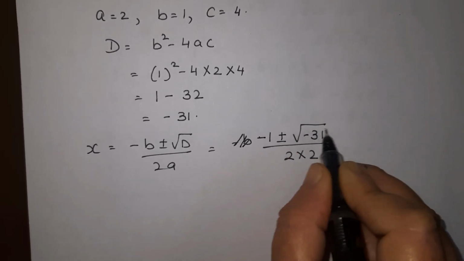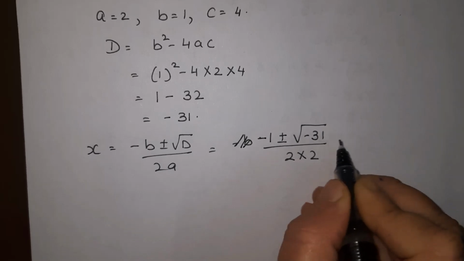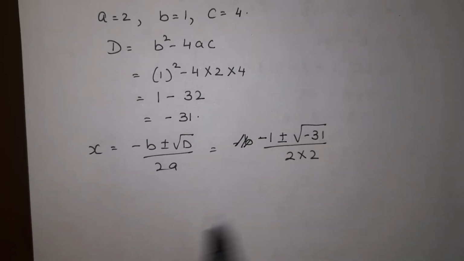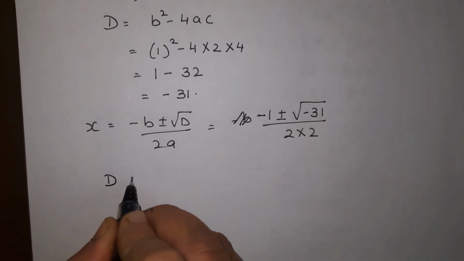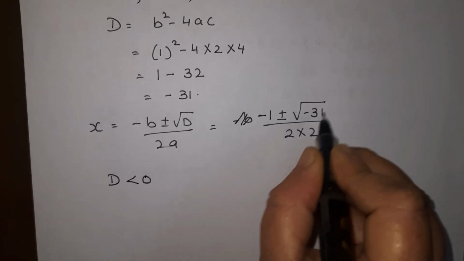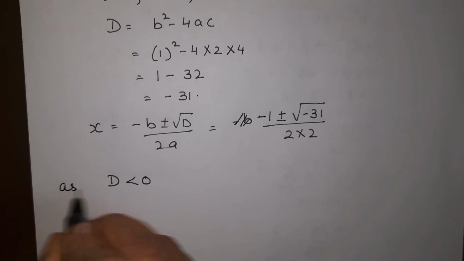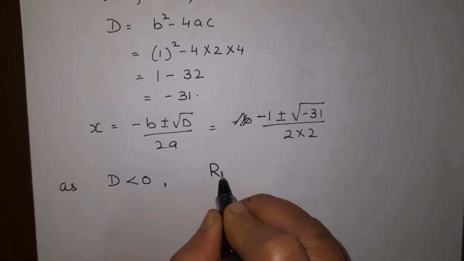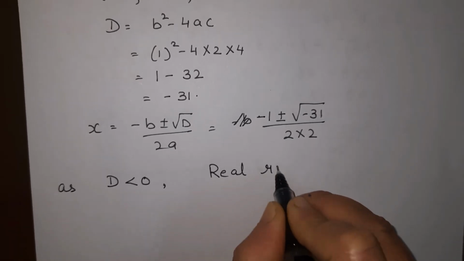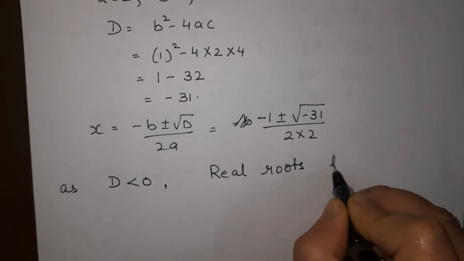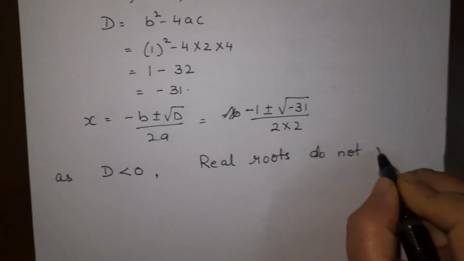Now here we are getting the square root of a negative number, which is not possible, right? Or we can say as D is less than 0, we are getting the square root of a negative number, which is not possible. So we will write: real roots do not exist.